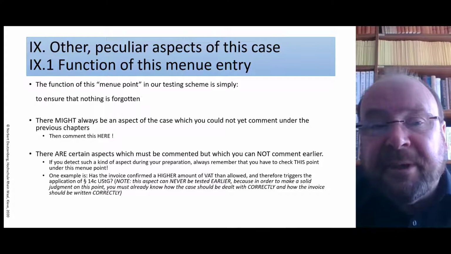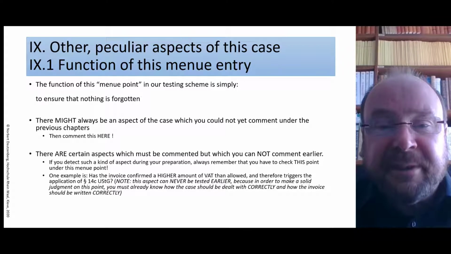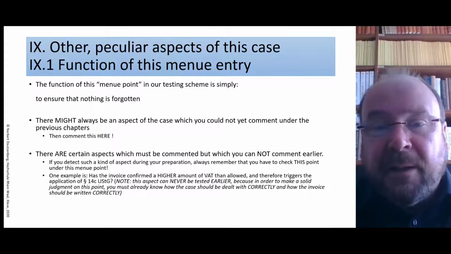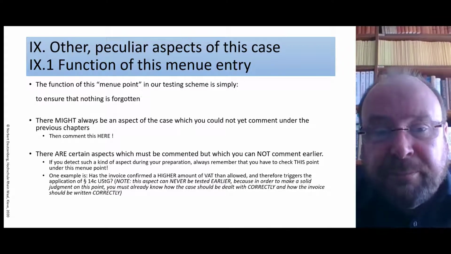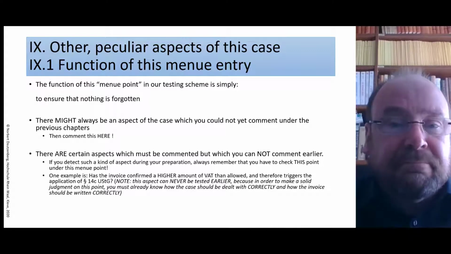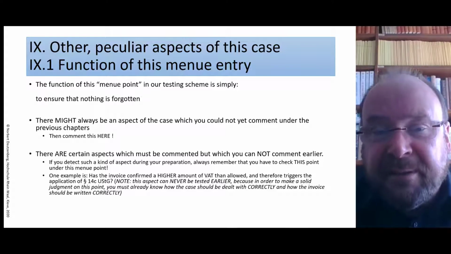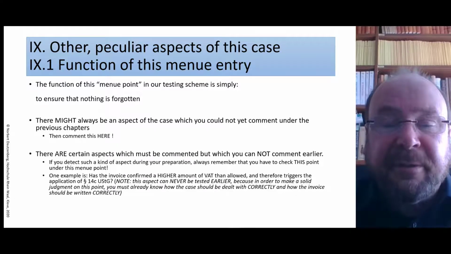So point number 6 in my testing scheme is a personal addition to that testing scheme, and it just serves to safeguard that everything has been done correctly, that nothing has been forgotten.